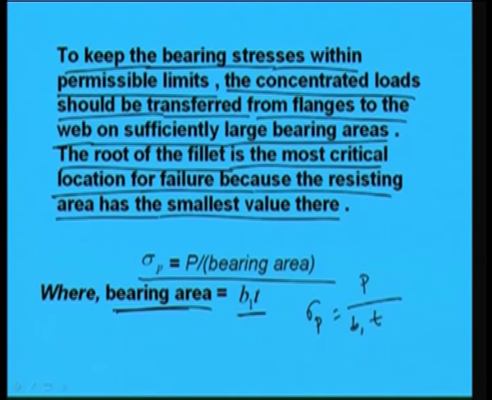Now, what is B1 and what is T, I am coming to later. So, first let me draw the diagrams from which I can find out the values of B1 and T. If we see the plate, this is at the support. Now, if the support is here, we are going to provide a bearing here with a width of V, and here the load P is acting.